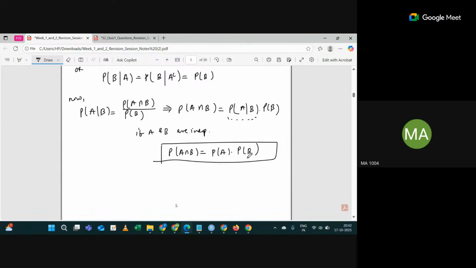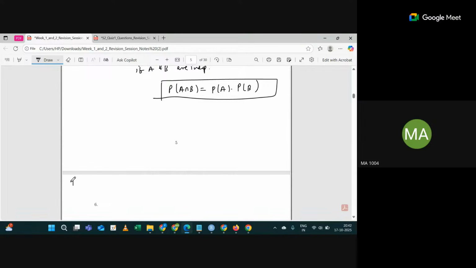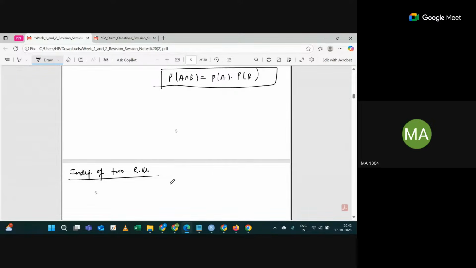Now, in terms of random variables, the independence of two random variables. I'm writing RV for random variables. This is not any standard short form, but I'm just using it for convenience.